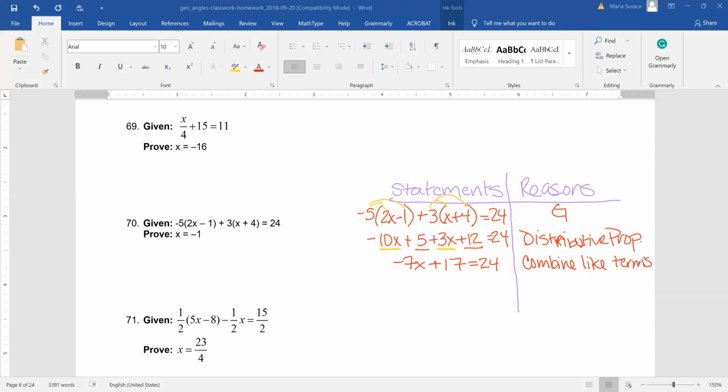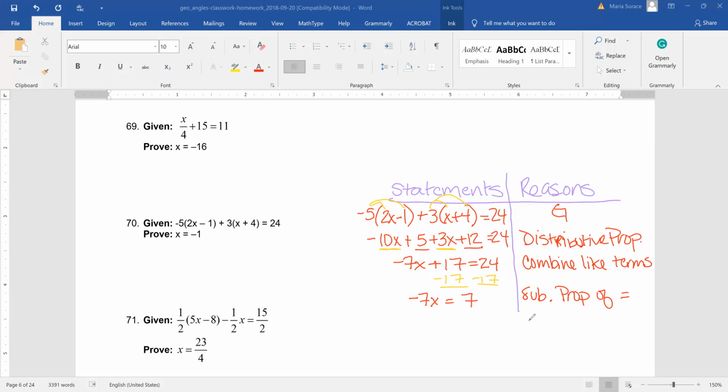Now the problem becomes similar to the one we just did, number 68. So I'll go through it a little bit faster. Since we need to subtract 17 from both sides here to isolate further, that means I will be using the subtraction property of equations. That would leave me with negative 7x equals 7.